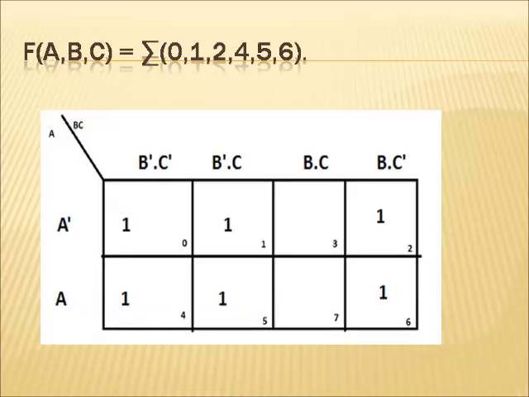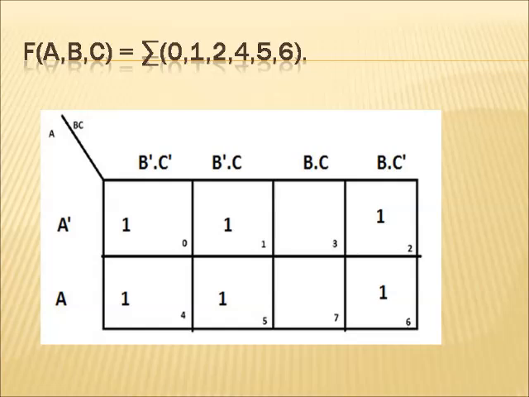Okay, as I said earlier, here you can see I am marking, as it is an SOP expression, I use the value 1 to mark the given cells. So cell 0 is given, 0, 1, 2, 4, 5, 6 is the question, right? So I am marking 1 in the cell numbered as 0, also on the cell numbered as 1, also on the cell numbers 2, 4, 5 and 6.